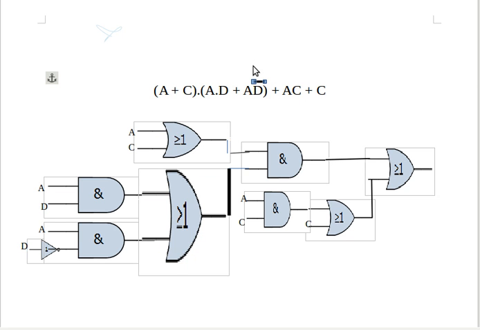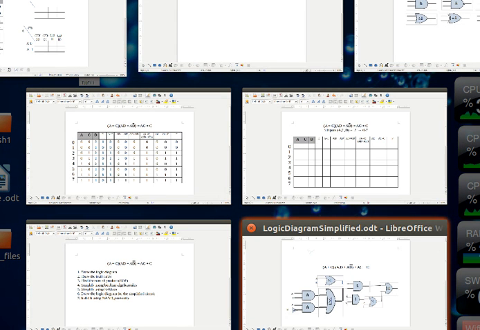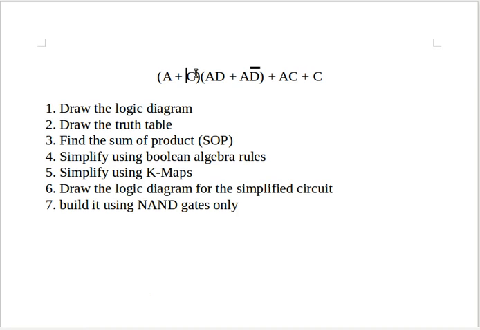The complement following it. So here we go, this will give us this. Now what was the second thing we need to do? Draw the truth table for this. And how do we draw the truth table?